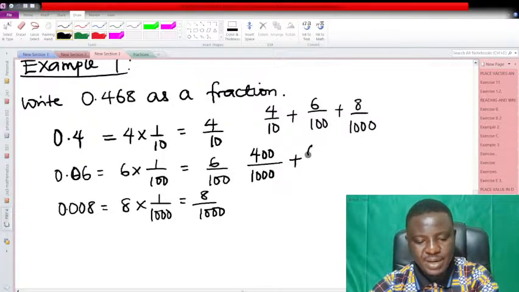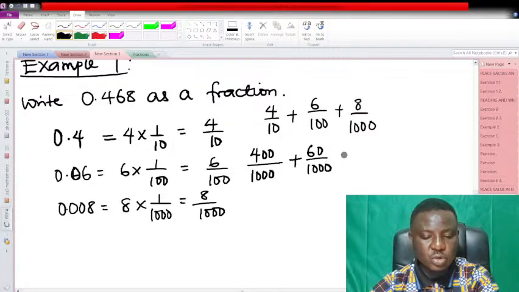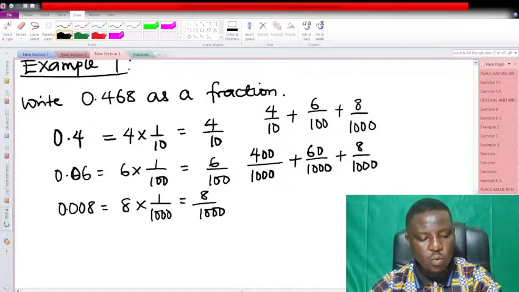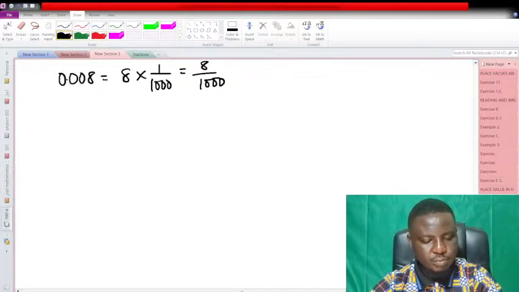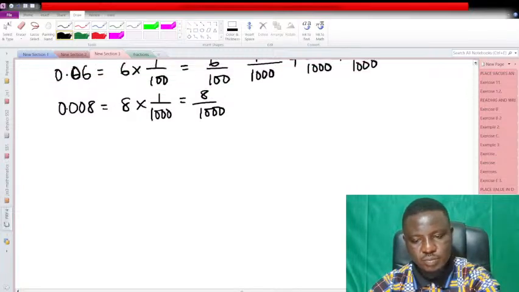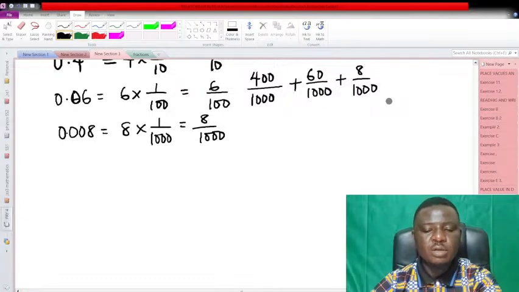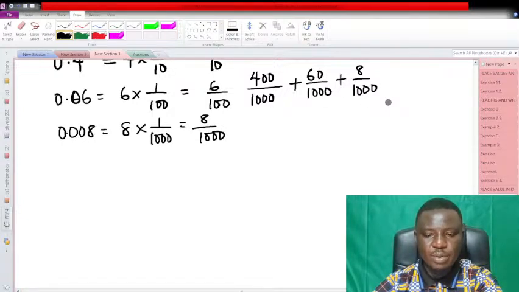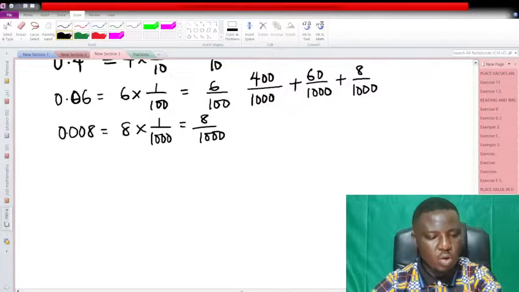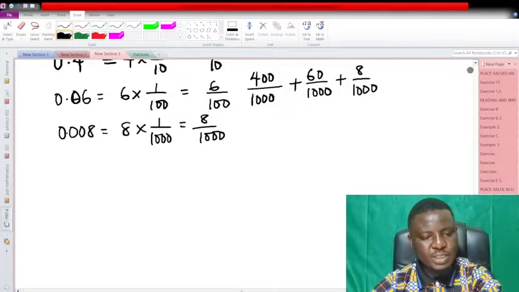So I'm going to multiply this by 10, which gives me 60 over 1,000. And this still remains as 8 over 1,000. So I have done the second step, which says you should make the denominators equal. The first step is to express them.